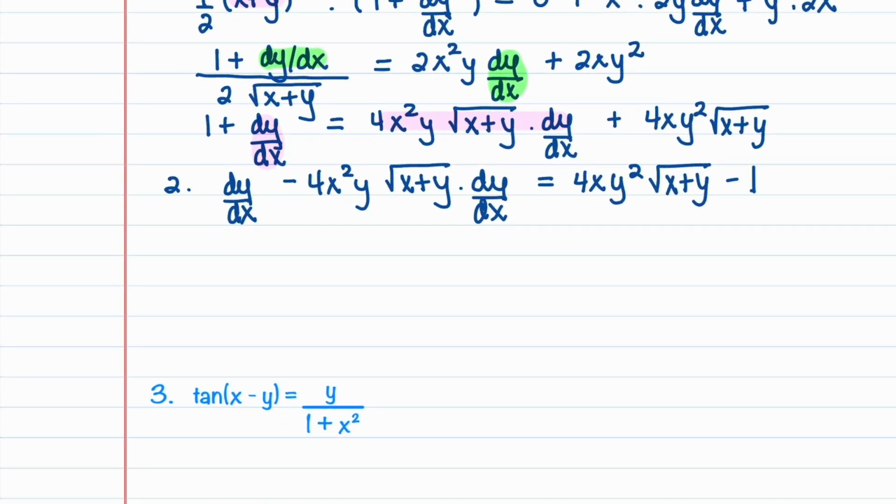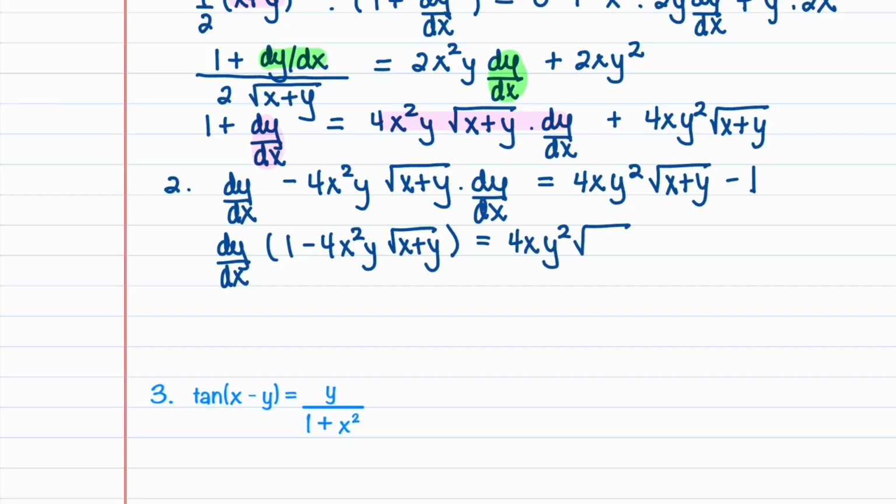Now let's go ahead and factor out a dy/dx. So we have dy/dx times 1 minus 4x squared y square root of x plus y is equal to 4xy squared square root of x plus y minus 1. Now for our third step, we can go ahead and solve for dy/dx.